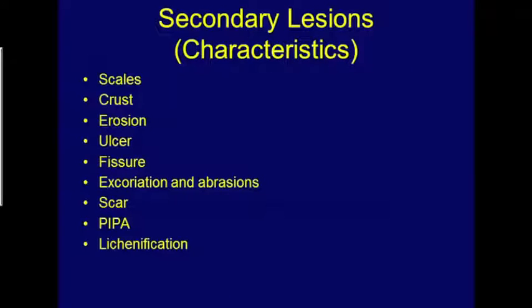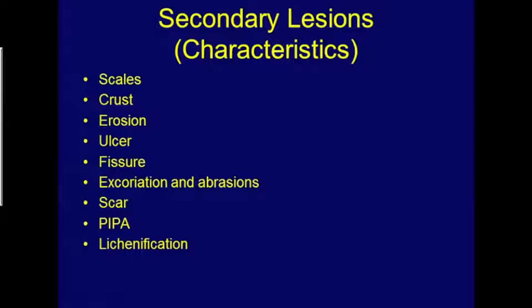So the secondary lesions, as I said before, are really the results of what the person is doing to the primary lesion. Here you can have scales, crust, erosions, the lesions can ulcerate, they can fissure, you can have excoriations and abrasions, scar, pigmentation, and lichenification.